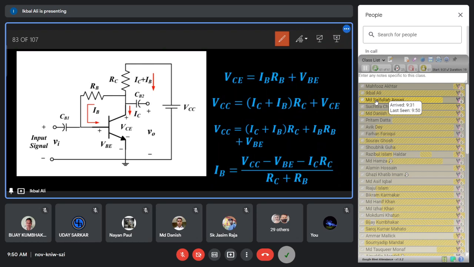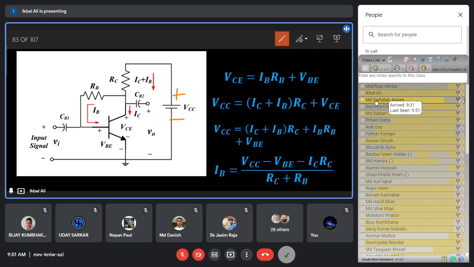But the other junction is the base collector junction, and with this biasing circuit, if your resistances are correct and your design is correct, the base collector junction will automatically be reverse biased, because the potential applied to it is in the reverse bias direction. You see the battery VCC, plus here and minus here.